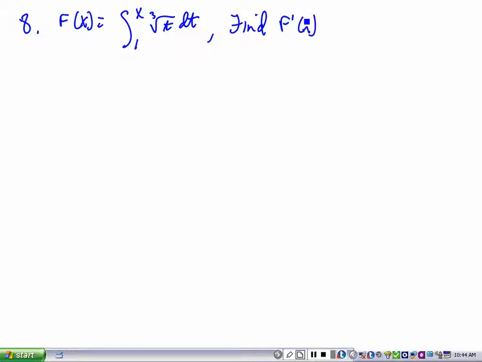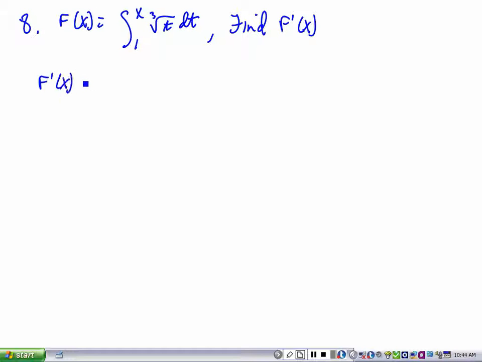Number 8. If you're given capital F of x is equal to the integral from 1 to x of the cubed root of t dt, and you want to find capital F prime of x, well, we use the second fundamental theorem of calculus.